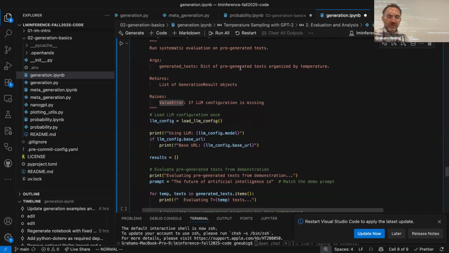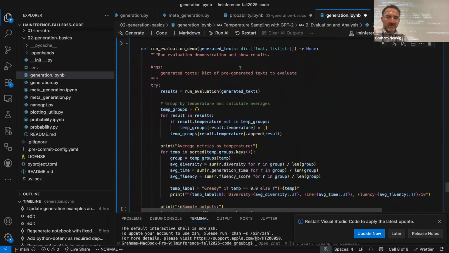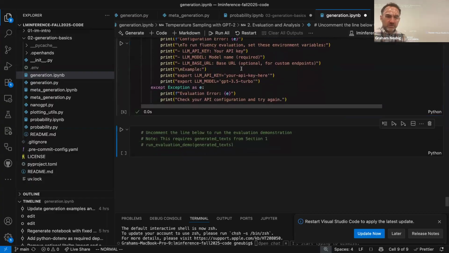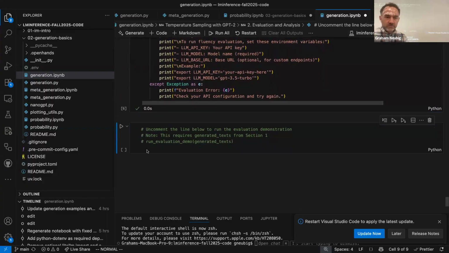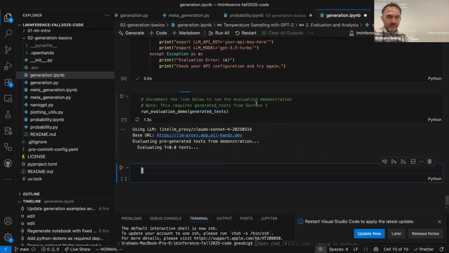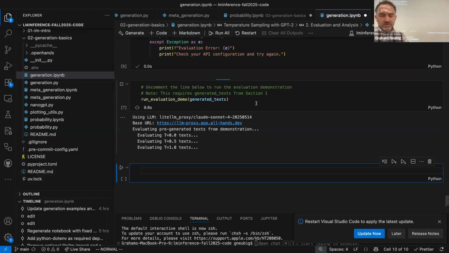And then to run the evaluation, I'll take all the things I generated before and calculate this fluency score and the evaluation score. So it's evaluating each of these.